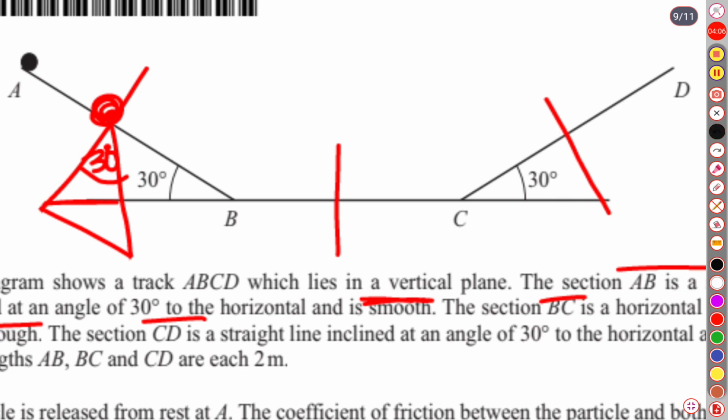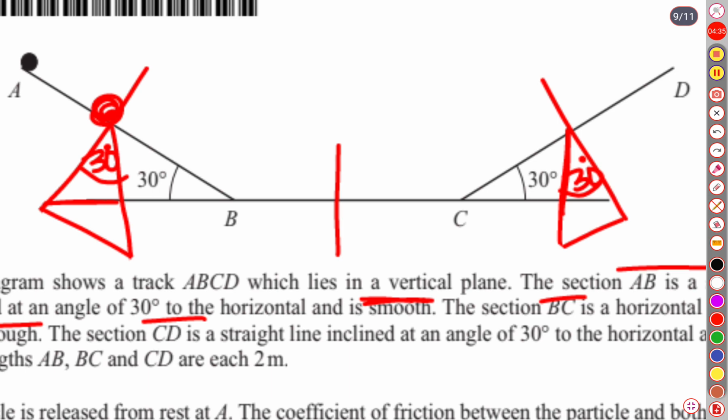Now let me draw it once again. This way we can show, and the angle at which it is inclined is also 30 degrees. This may be the diagram of the whole system.